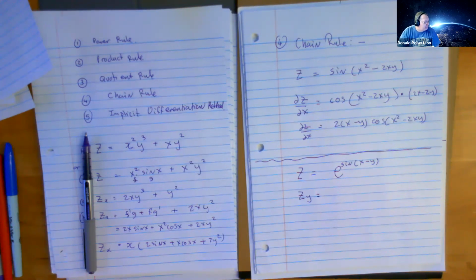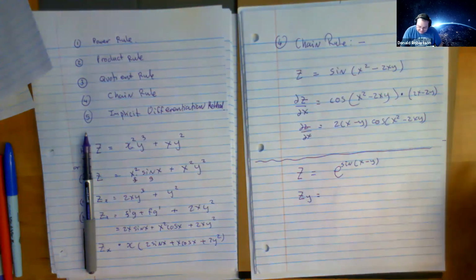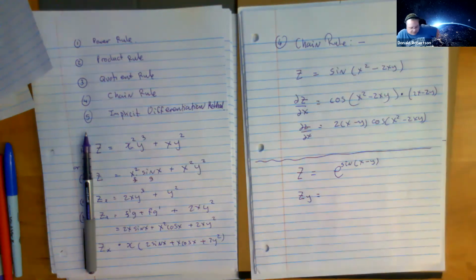You think about it for a few moments. Definitely a chain rule. I would call this a Russian doll chain rule, because it's a thing inside a thing inside a thing, like the little dolls.